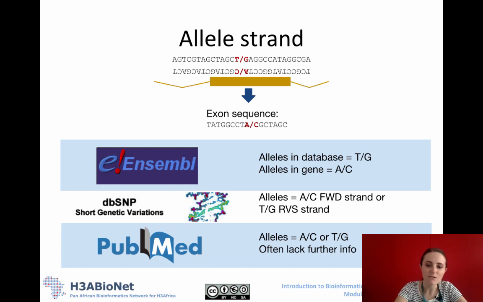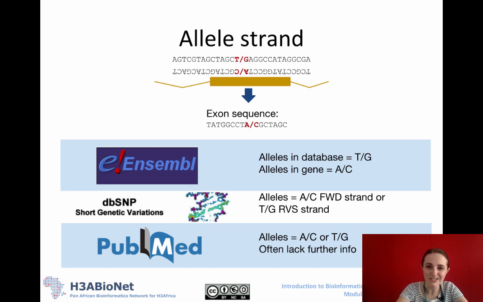The big danger is when you start looking in the literature, and in the literature they will often give you alleles, but they won't tell you which strand they're on. Sometimes you can work it out by what gene they're talking about and actually just looking at what's there. And that's fine for a variant like this, which is a T/G or an A/C.